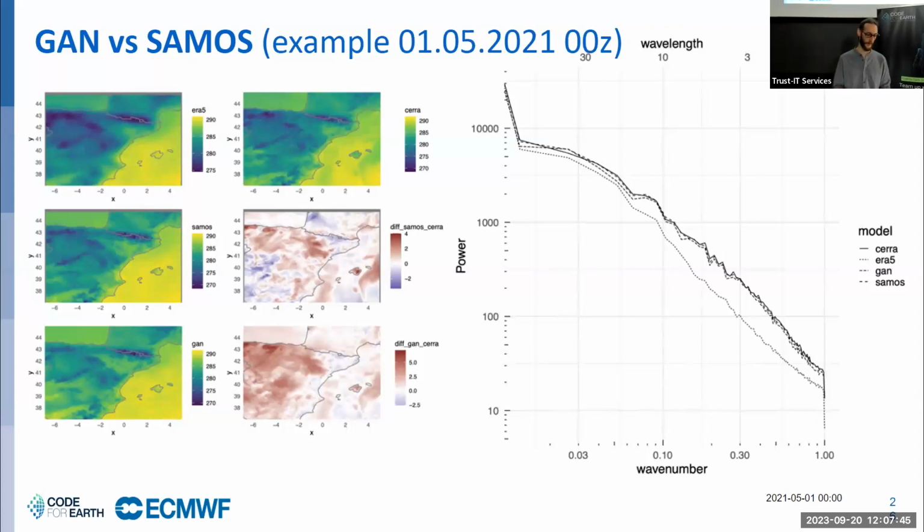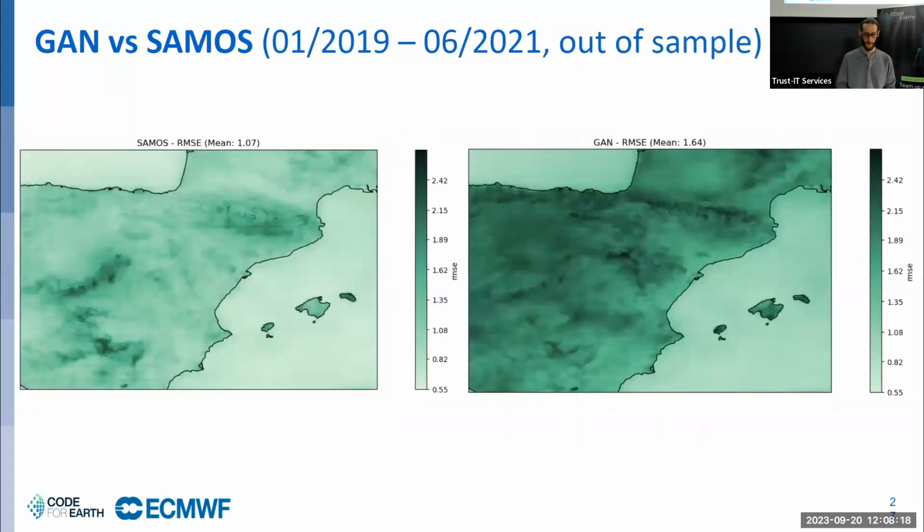And if we now look on the left-hand side, on the very bottom left is the field for this time step, and we can see that the spatial structures are very comparable to the truth, or also to SAMOS, in terms of what kind of spatial scales are resolved. If we look at the second column and compare the differences, we can also see that we have some kind of warm bias in the GAN overall.